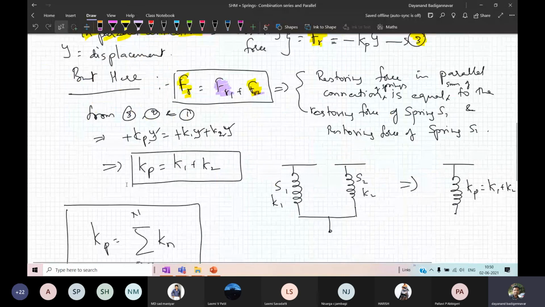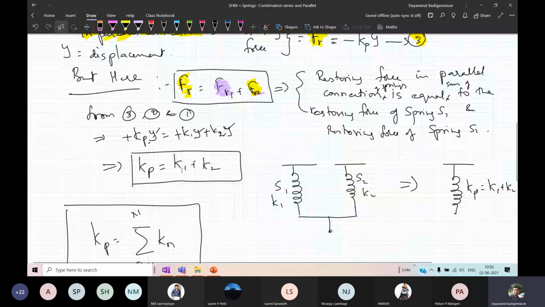So for parallel connection, if I have two springs, they can be connected in parallel and replaced with a single spring K1 plus K2.